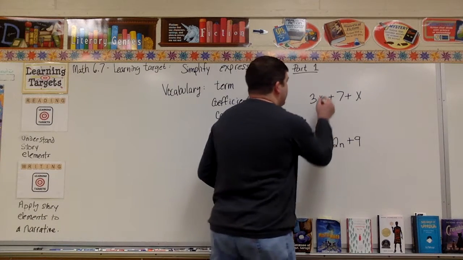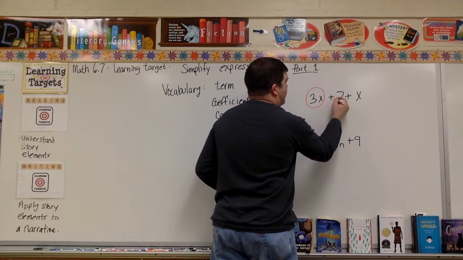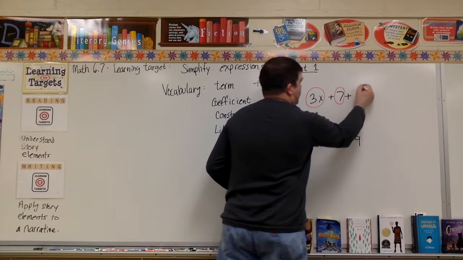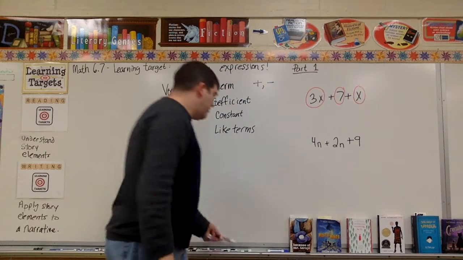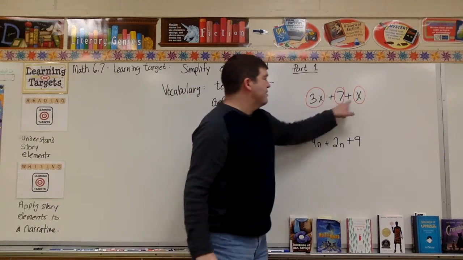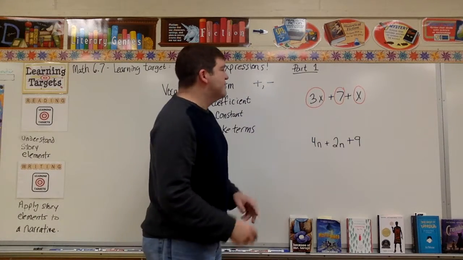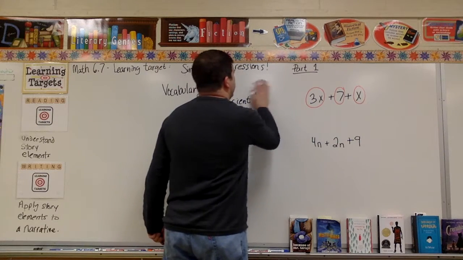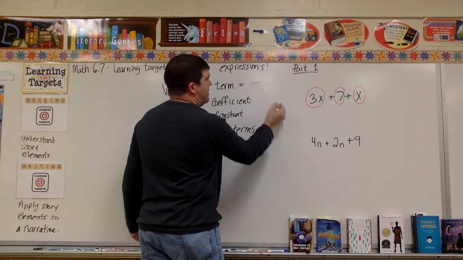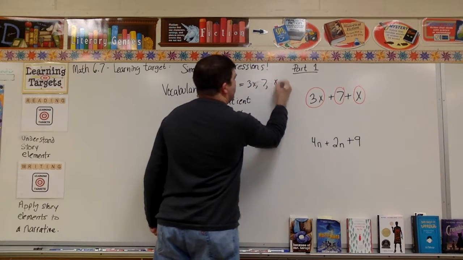Now I see this is separated from that, and that is separated by that. Those 3 are separated by the addition. There's no subtraction, but the addition separates them. So these are my terms. The terms for this problem would be 3x, 7, and x.